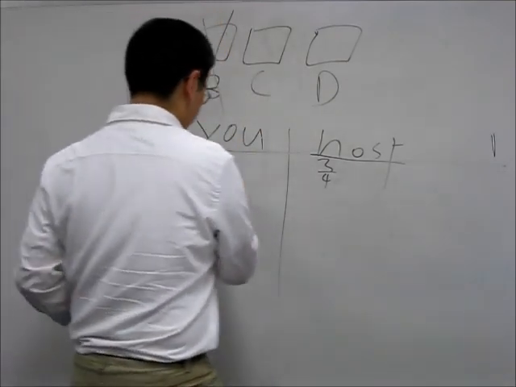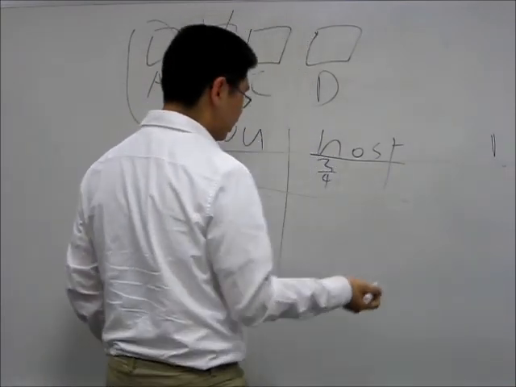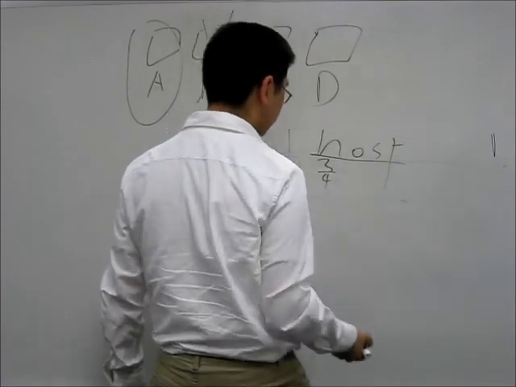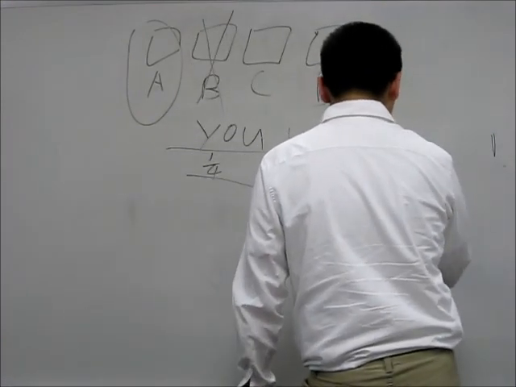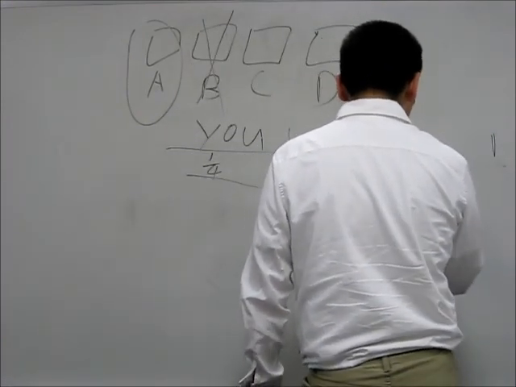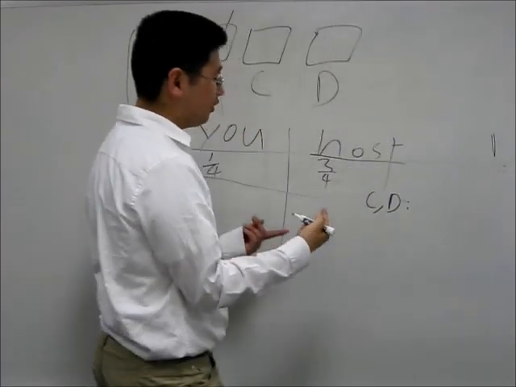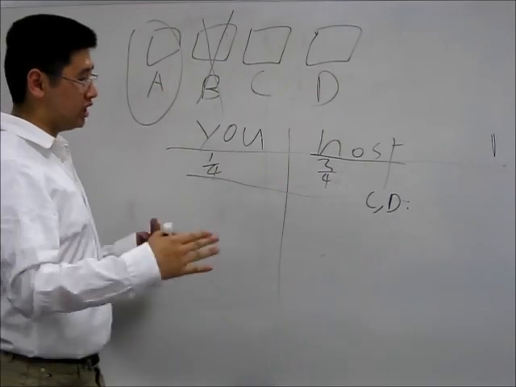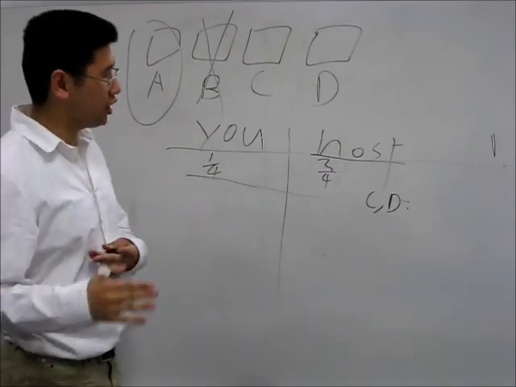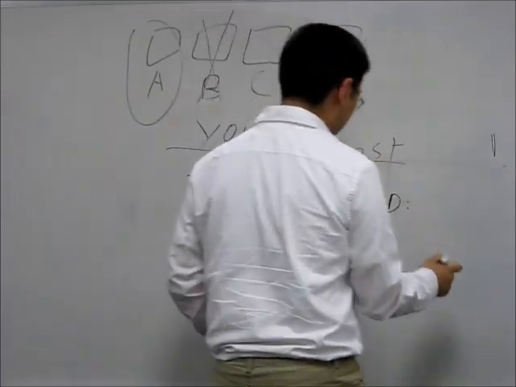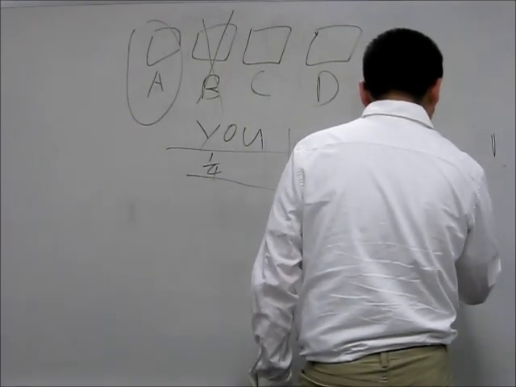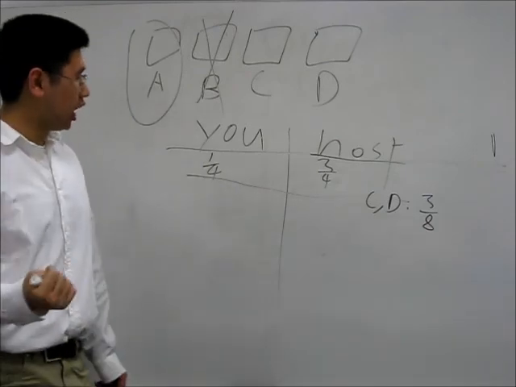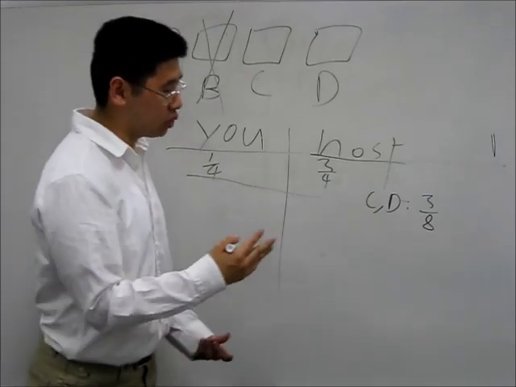So now what do you do? You notice that after you take it away, the 3/4 chance is divided between C and D. So the probability of C having the car is equal to the probability of D having the car, which is this over 2, which is 3/8, much higher than 1/4. So let's say you switch.